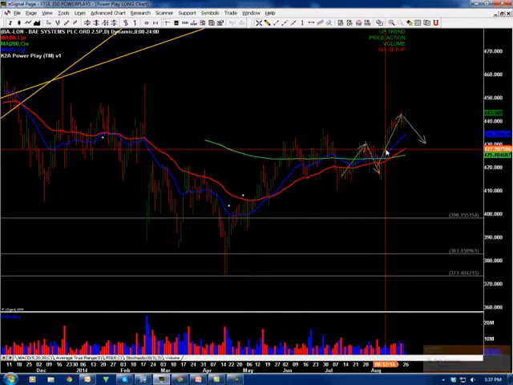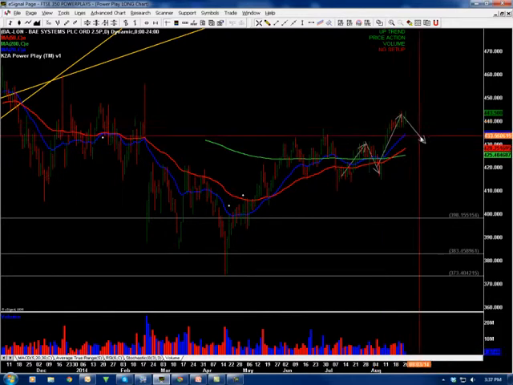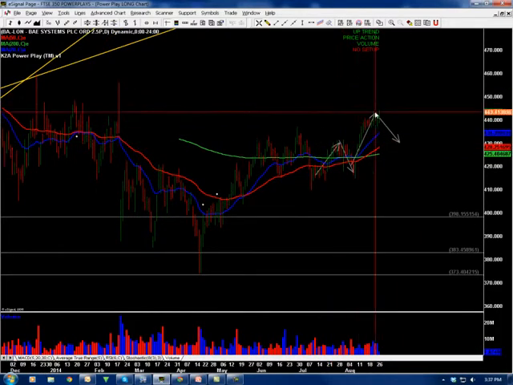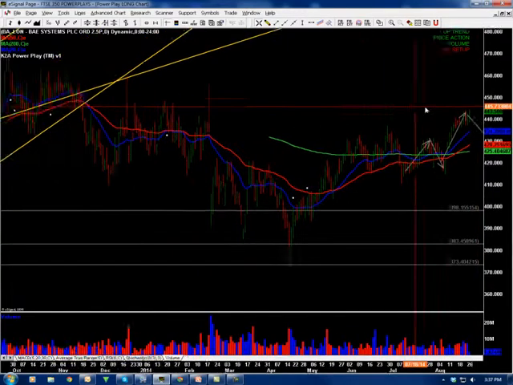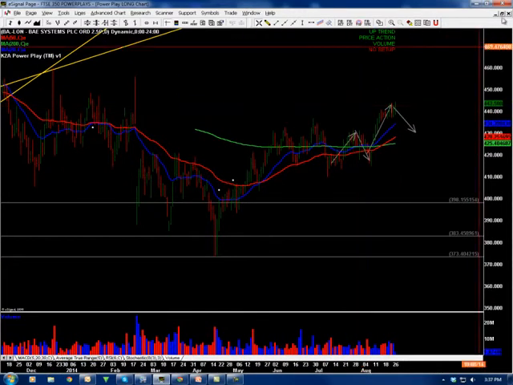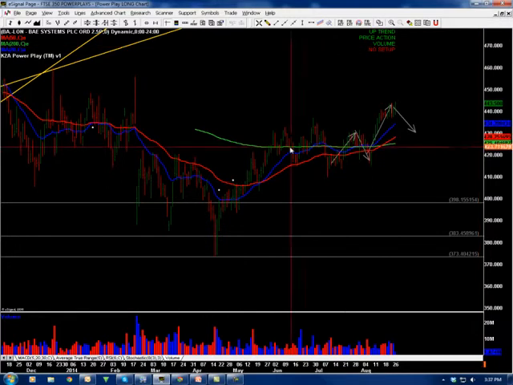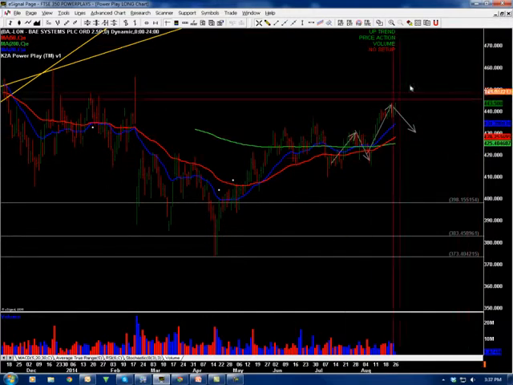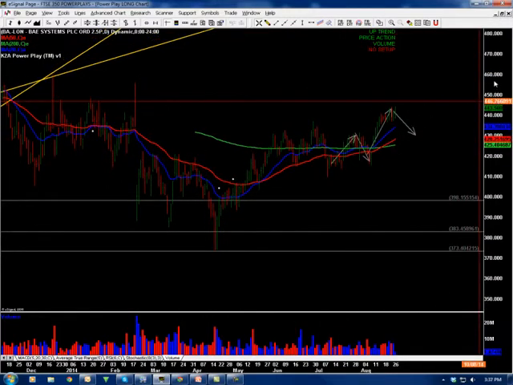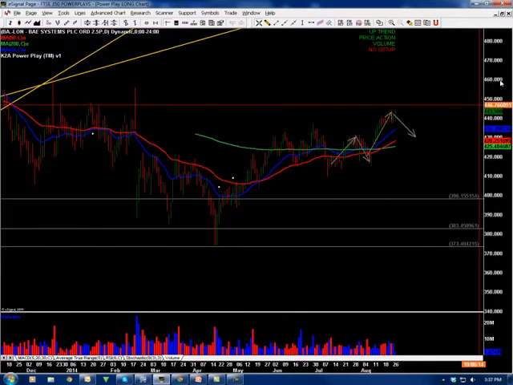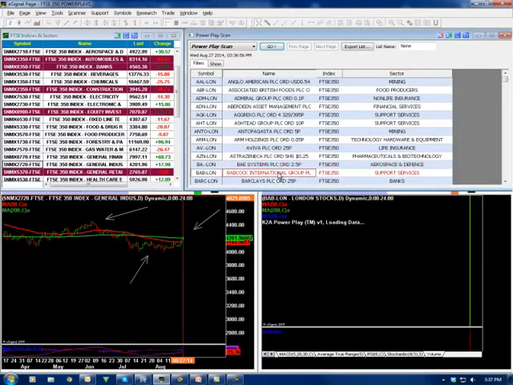It's coming back down towards the, well, you have to come back down towards the EMAs there. The picture is not clear. You can force it, but it's just not clear. So I'm going to move on to something else.